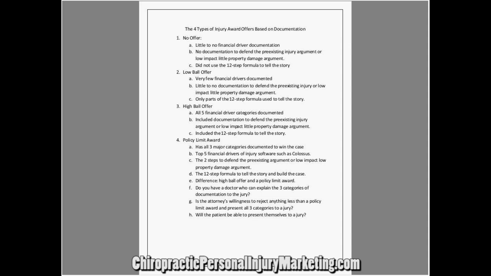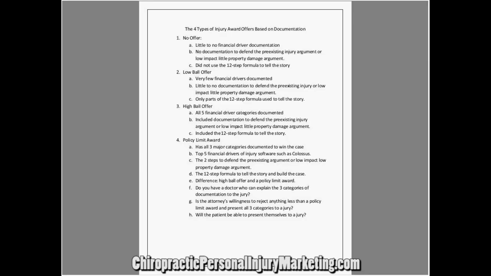So this is how simple I've made it. Each of the 3 categories has subcategories within the main category. The main categories are no offer, lowball offer, highball offer, policy limit award. Those are the 4 main categories of injury award offers based on the doctor's documentation. The subcategories, what's going to determine that, is one of the 3 components.